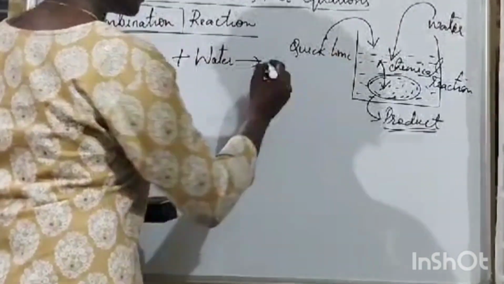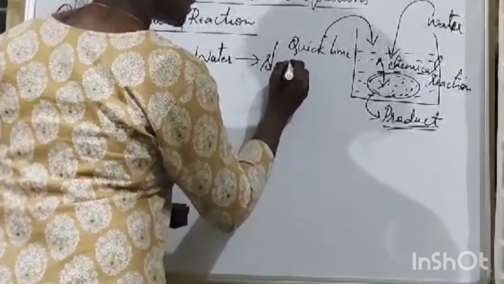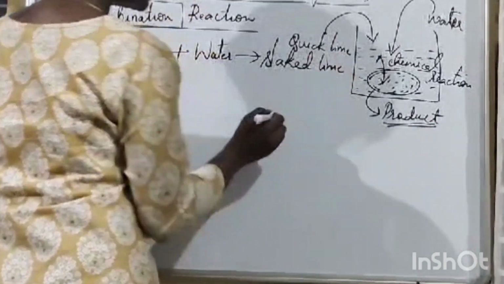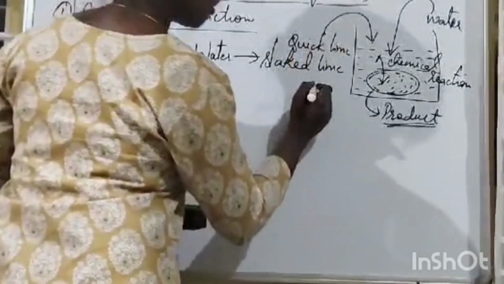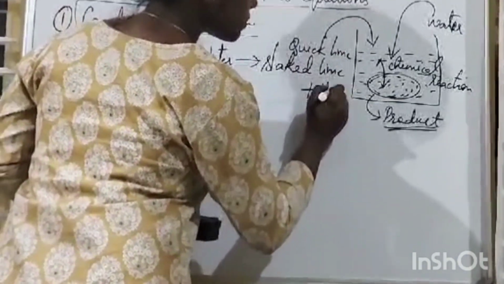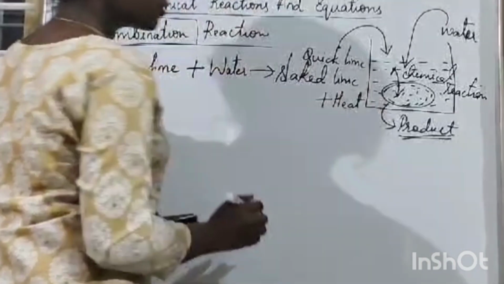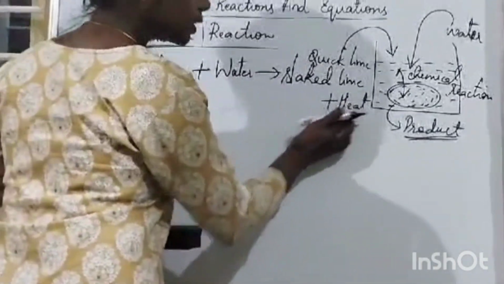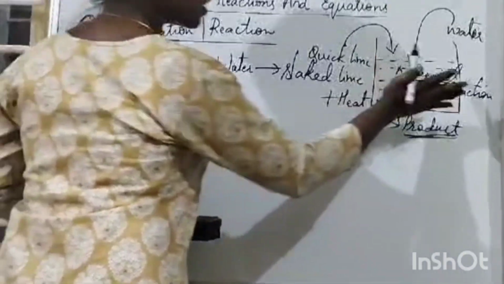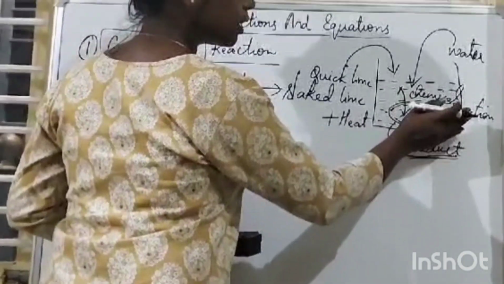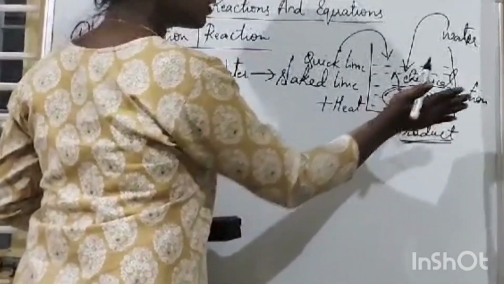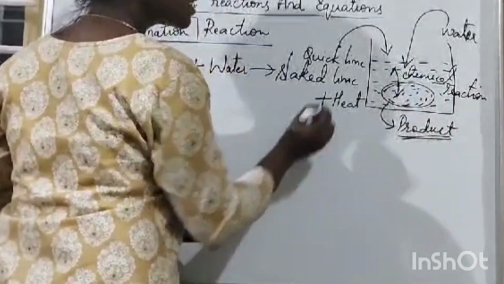The product we'll get is slaked lime, and along with this product some amount of heat energy is produced. How can you get to know that heat is produced? You can find out by touching the beaker. Because of the chemical reaction, the beaker gets heated up, and when you touch it, you can feel that hotness. That is how you can say yes, heat is produced.